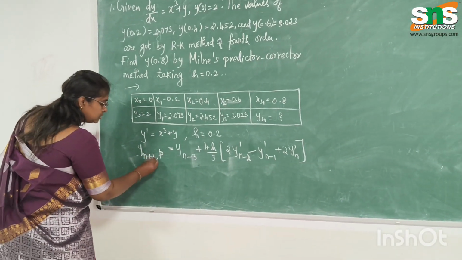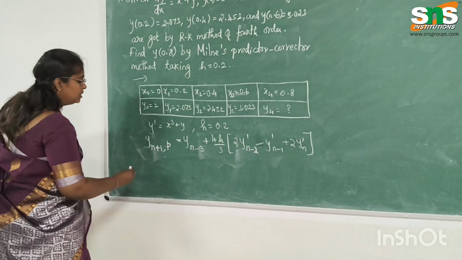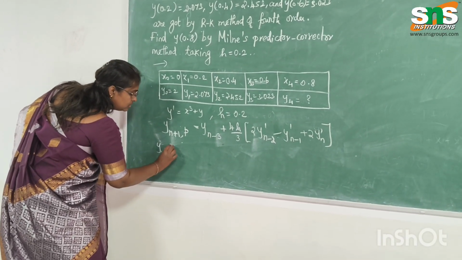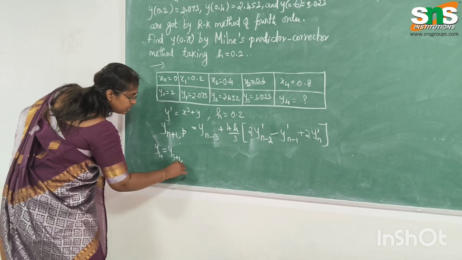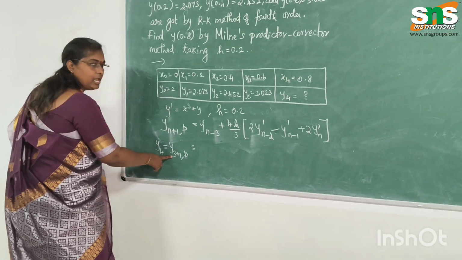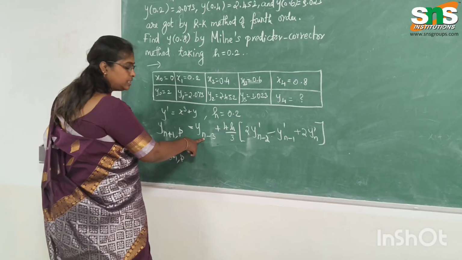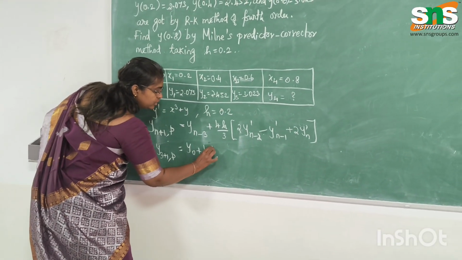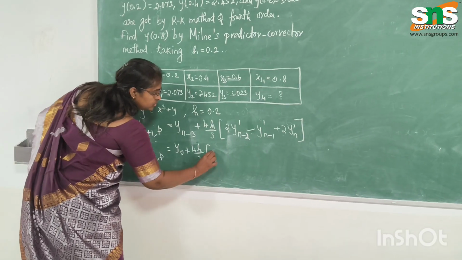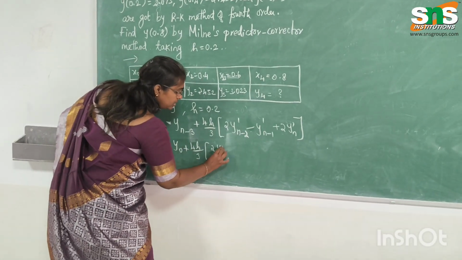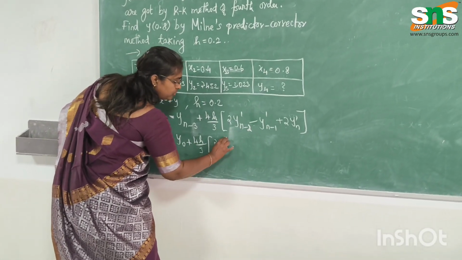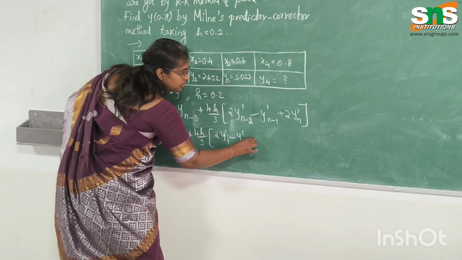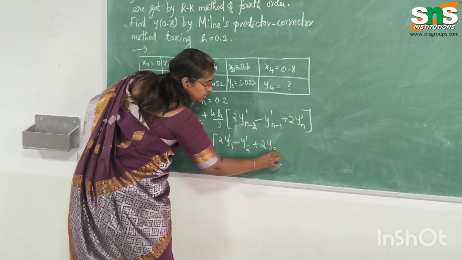Here the formula is for n plus 1, and we want to calculate y4, so we write y(3+1),p. The n value is 3. Substitute n as 3: you get y(3-3), that is y0, plus 4h divided by 3 times [2 y1 dash minus y2 dash plus 2 y3 dash].